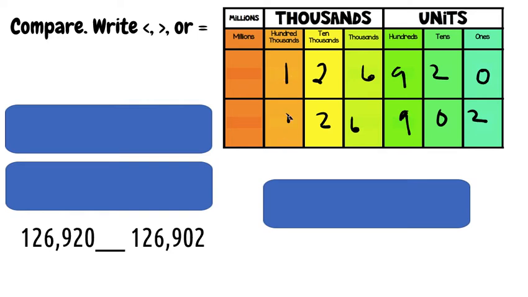We have 1 is the same. We have a 2 that's the same, a 6 that's the same, and now we're in the ones period and I have a 9 that's the same. So now in the tens place, I have a 2 and a 0. Well, what's more, 20 M&Ms or 0 M&Ms? 20 M&Ms. So that means that the number 126,920 is larger.